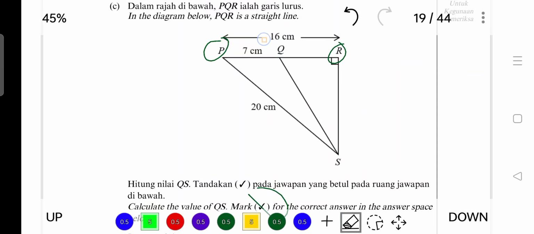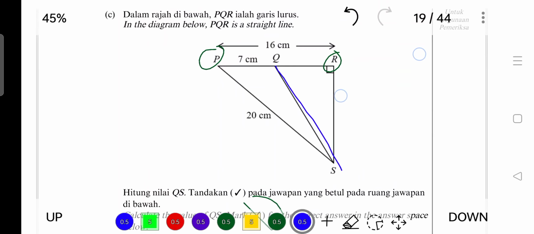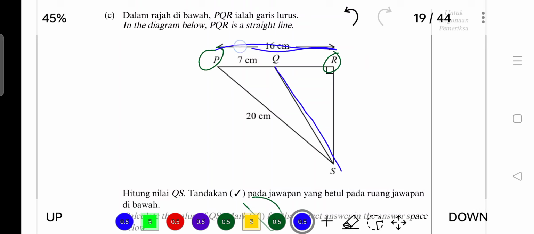So how do we find QS? Let's see. The full length from here to here is 16. If we minus 7, we get 9 over here. Am I right? If here is 9, here is 7, here is 20, what will here be?